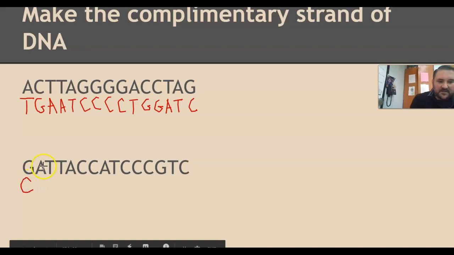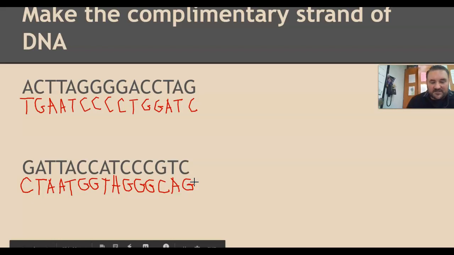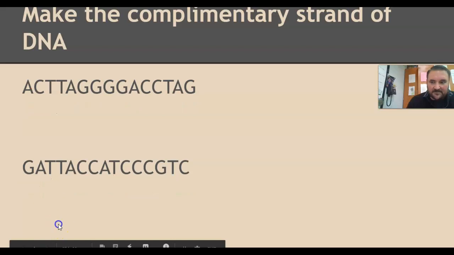C. A goes with T. T to A. T to A. A to T. G. G. T. A. G. G. G. C. A. G. Congratulations, ladies and gentlemen, you have just made complementary strands of DNA.